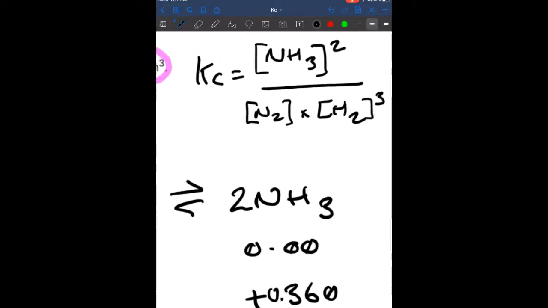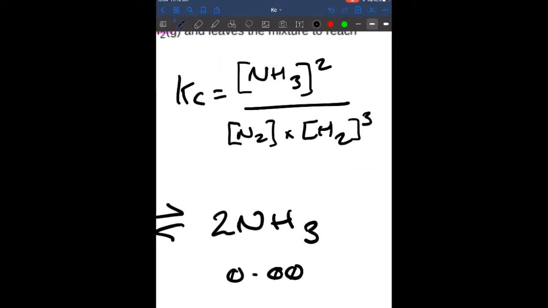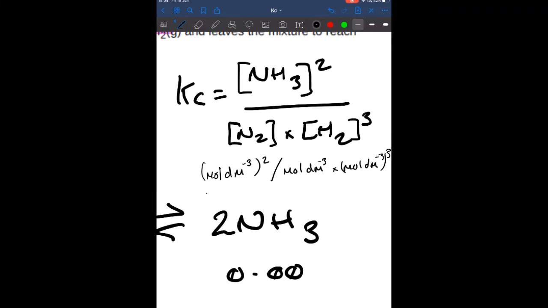Let's come back up here. We have got moles per decimeter cubed squared divided by moles per decimeter cubed times moles per decimeter cubed to the power of 3. Or in other words, moles per decimeter cubed to the power of 2 divided by moles per decimeter cubed to the power of 4.